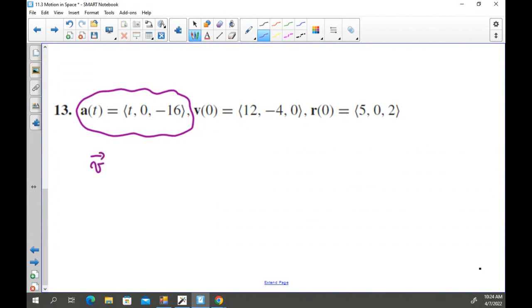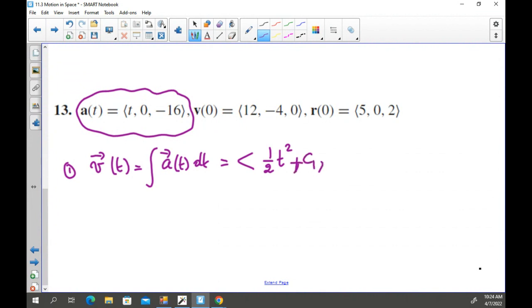So first we are going to find the velocity by integrating the acceleration. So it's going to be half of t squared plus a constant, plus c1.